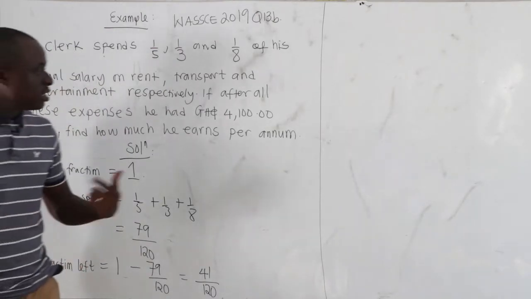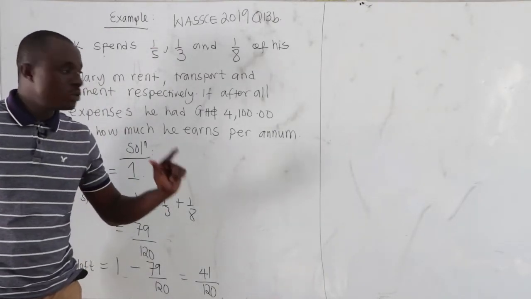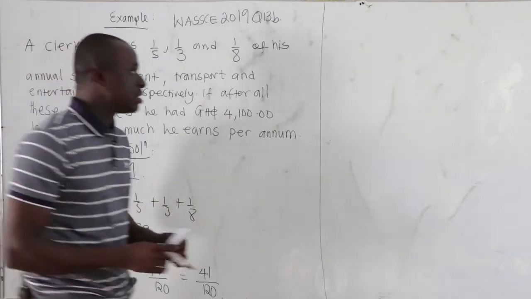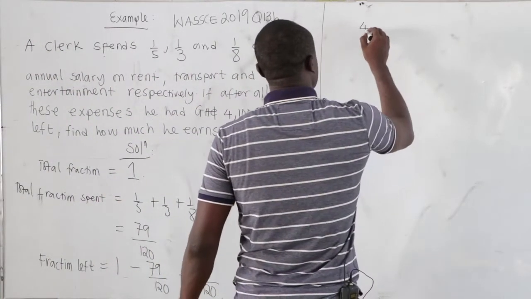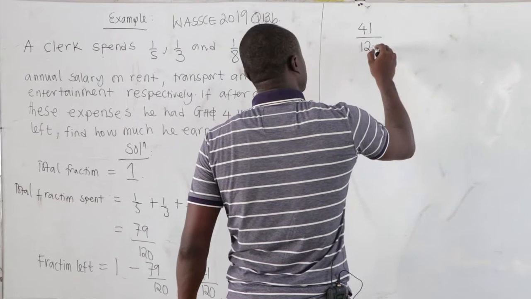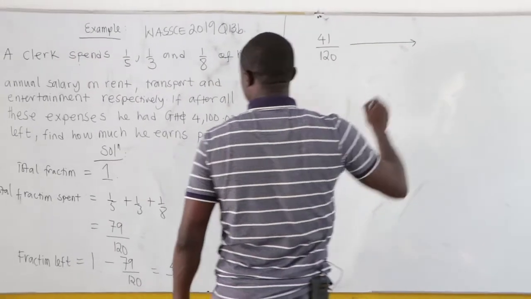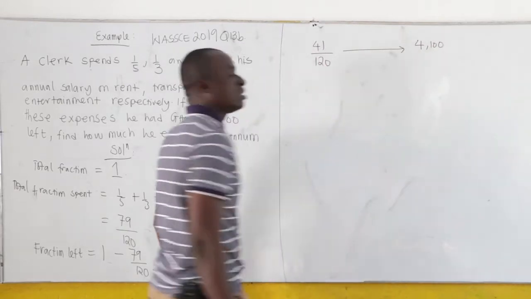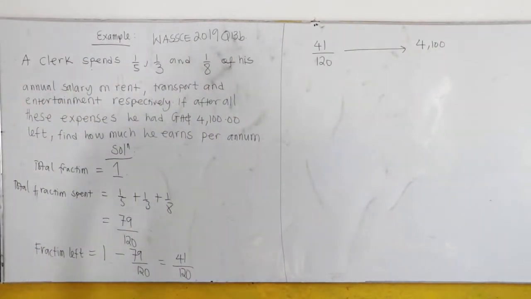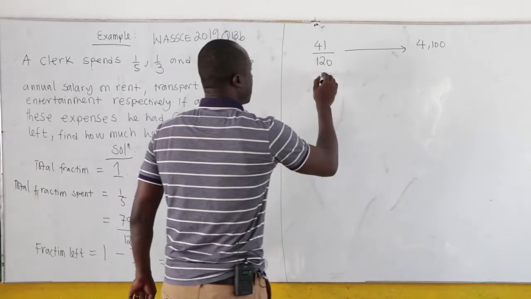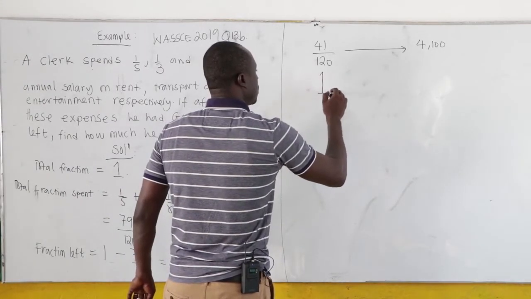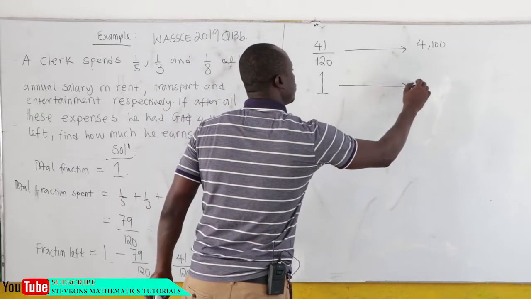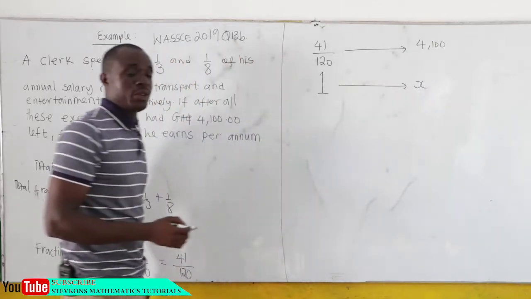Now, let's note the fraction left will correspond to the amount left. Hence, that is 41 all over 120. This will correspond to 4,100. And then also the total fraction will correspond to the total amount, which is x, we don't know.